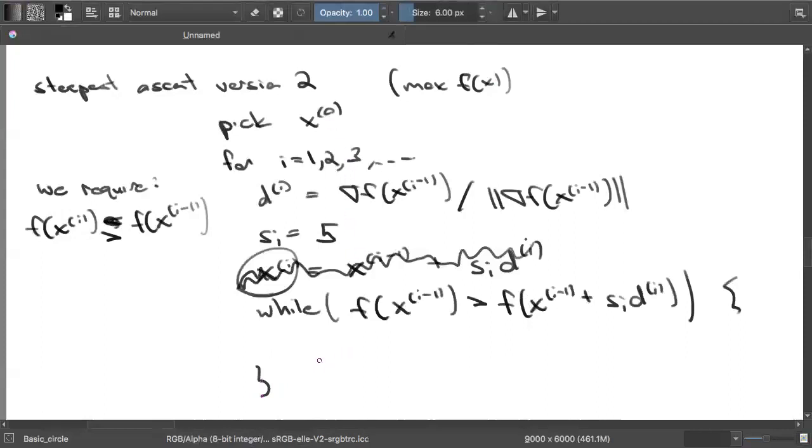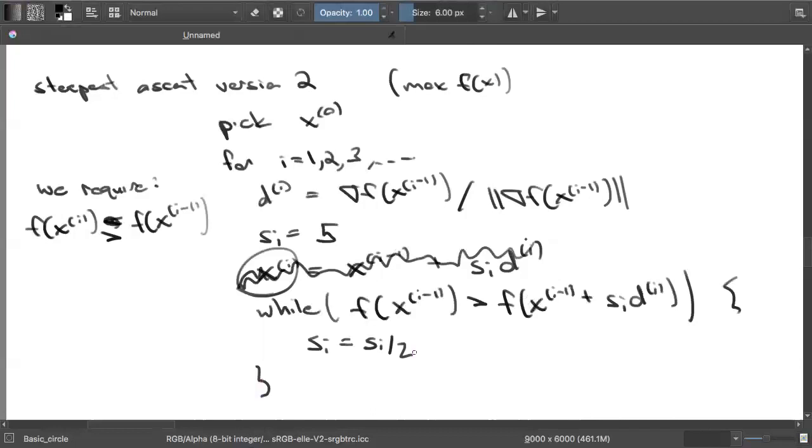meaning you take a smaller step size. So you do s_i equals s_i divided by 2. And you keep backing up until your step has a greater f value than where you are, so this while condition is false. And then you go.